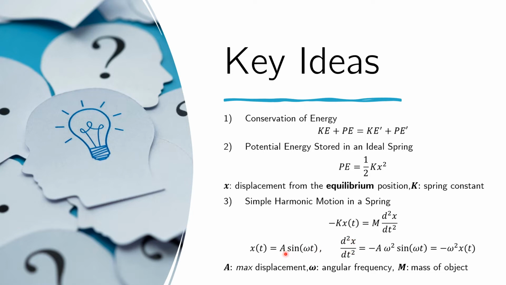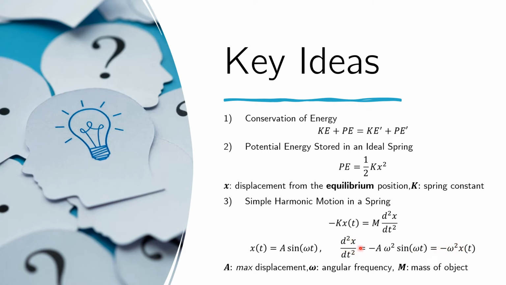And if we differentiate this twice, we see that that derivative is actually A times this angular frequency omega squared, times sine of omega t. And then we notice that this term A sine omega t is just x of t. So we can replace that with x of t, and we are left with omega squared times x of t.